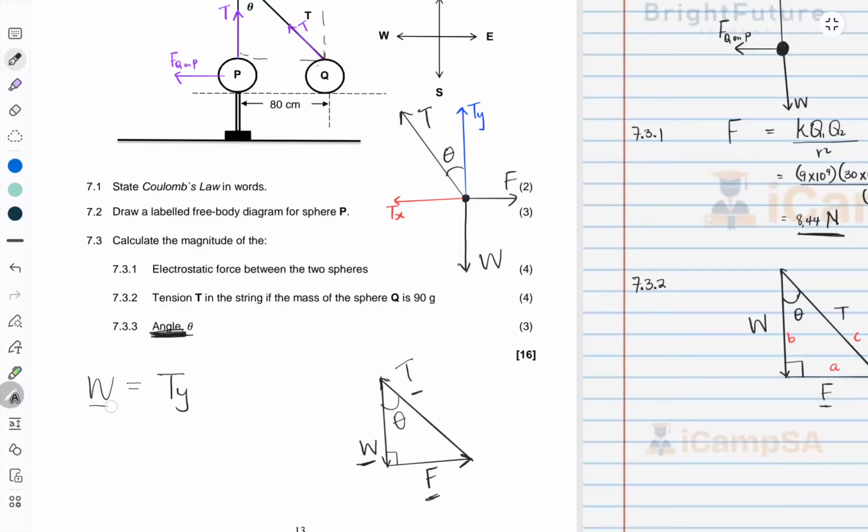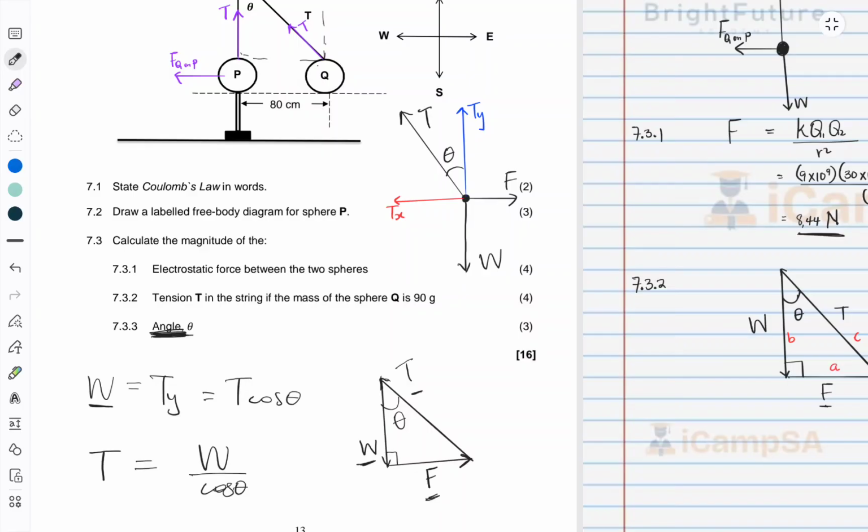Since you can find your weight, you would say Ty is equal to T cos theta, right? You would use this method if you knew theta, because from here you can simply say T is the weight divided by cos theta. Then that's your answer, right? That's how you would do it.